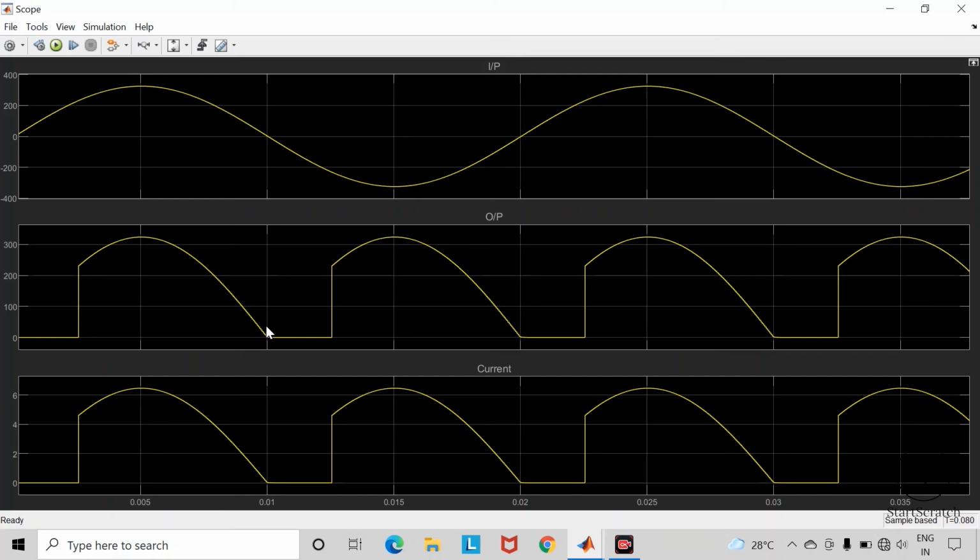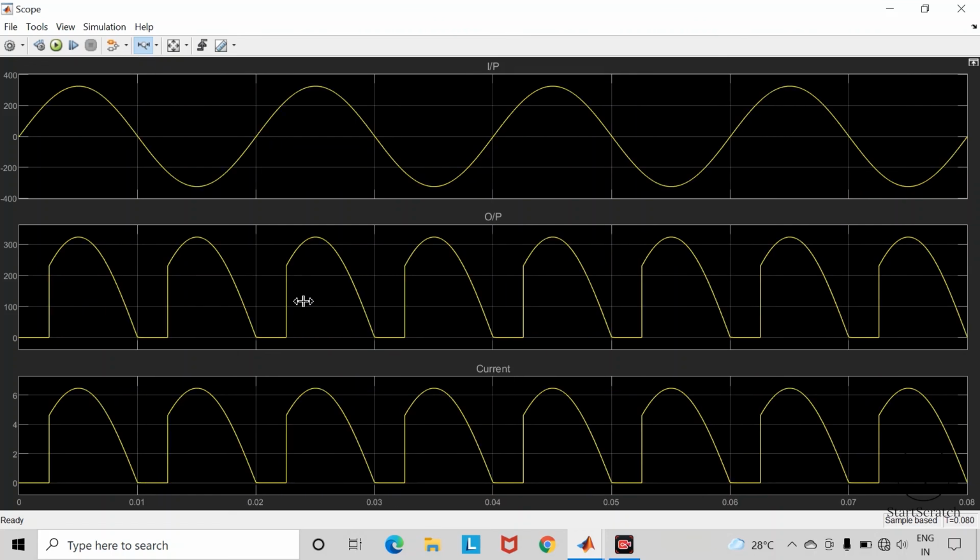As soon as this positive cycle ends, this first pair gets turned off, and after this much of delay, this second pair again gets turned on, and here you can observe the corresponding waveform for this output voltage. So this cycle gets repeated.